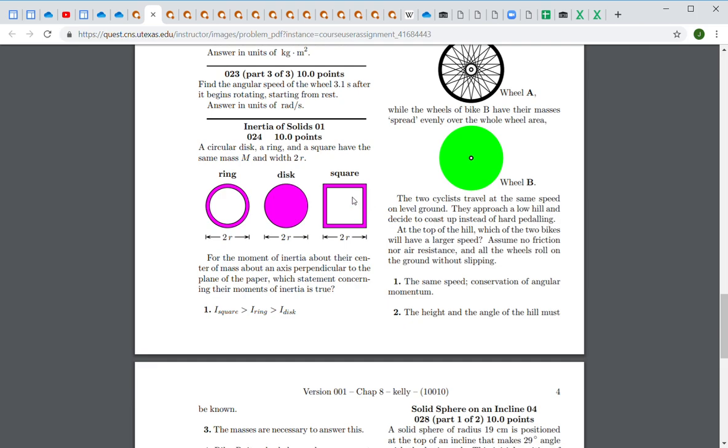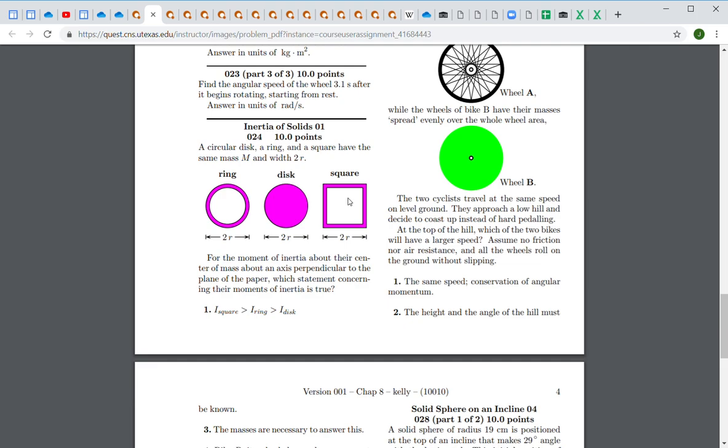Some of the mass is close to the rotation axis for the disc here. All that mass is pushed out to the edge of the circle here, so this one's going to have a greater moment of inertia, because when I add up all those m times r squareds, the r's are going to be bigger on average in this case than this case. So the ring is bigger than the disc.